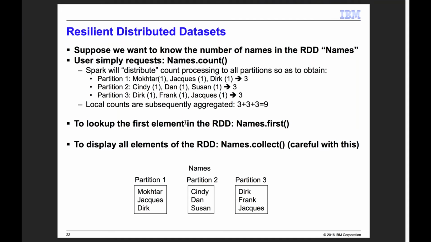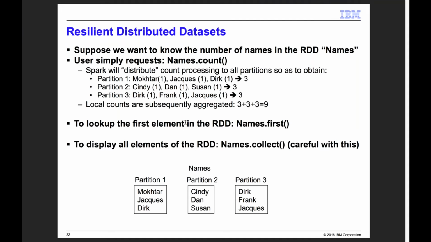Any transformation, we'll cover a little bit in detail, does not load the data into memory. The data is still in partitions. When you say names.first, the program says, he's only looking at the first element. I do not really have to load all the partitions into my memory. I just need the first partition, and that's what I'm going to load, and then I'm going to get the first element. So that's the lazy evaluation we will cover. That's the beauty of it.